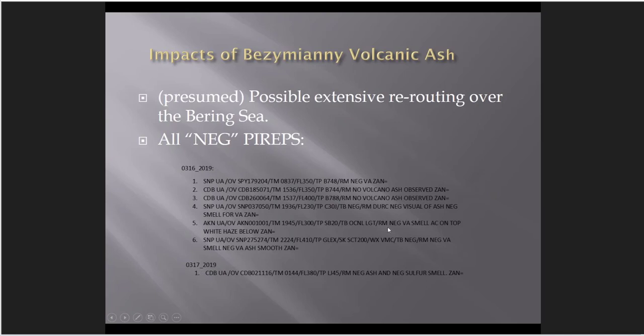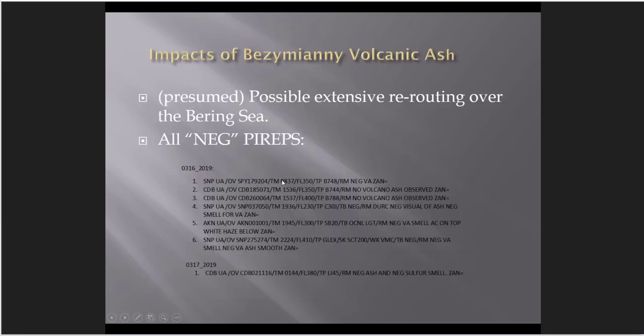And all of these reported negative on ash or negative on the smell, and that would indicate no SO2. But these PIREPs were all in the Bristol Bay region, so they were in the dwindling stages of the plume.